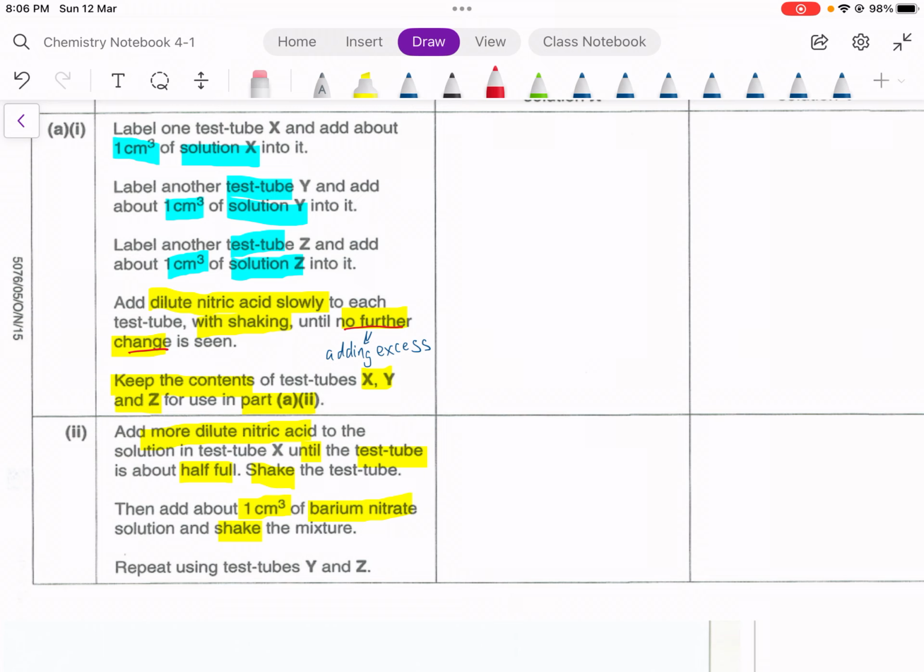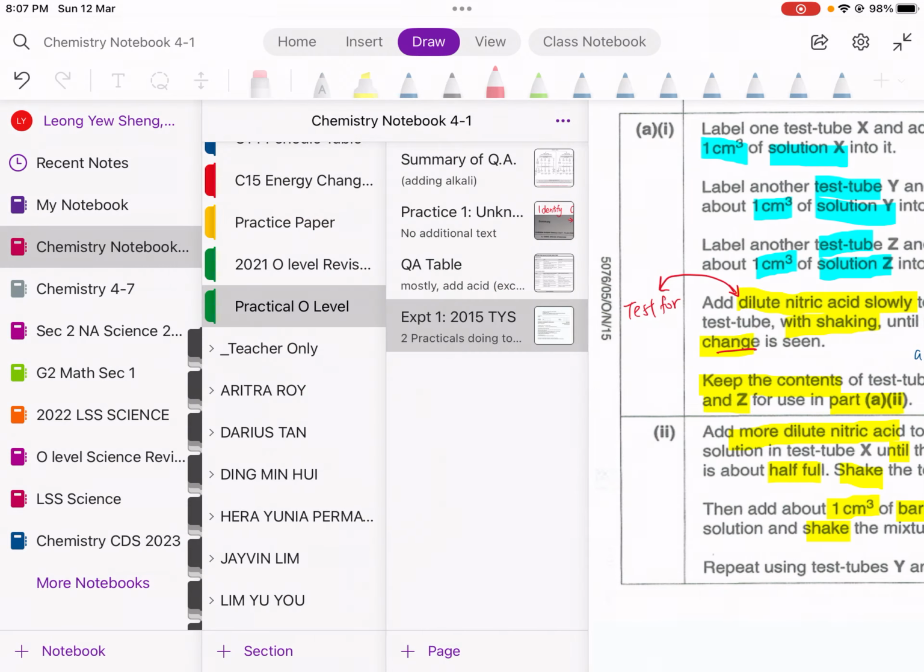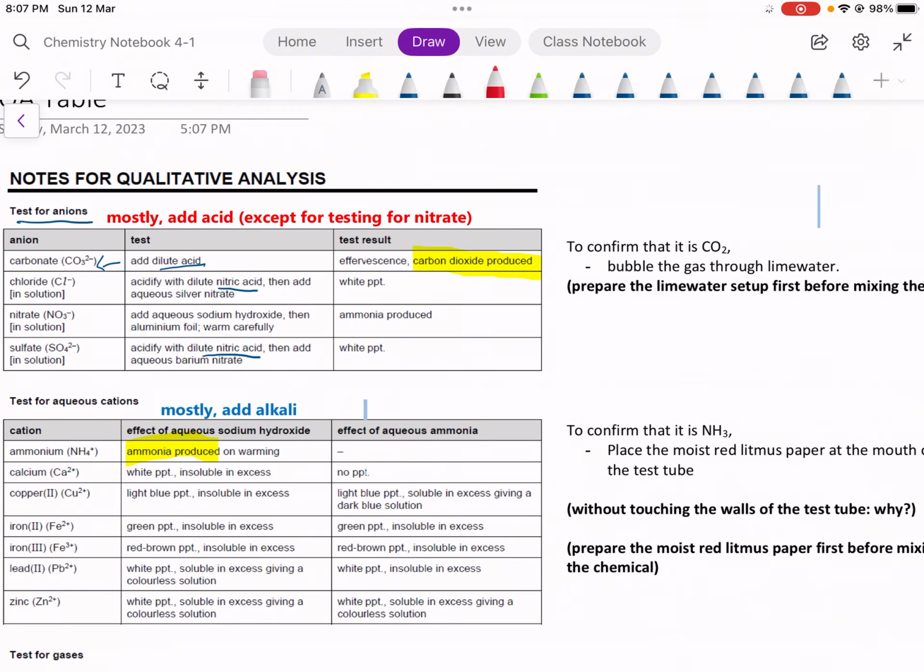Whenever they ask you to add dilute nitric acid, what's happening here is that they are testing for a certain type of ions, and they are anions. How do I know? Normally when they ask you to add acid, it's guaranteed that they are asking you to test for anions. Let's look at the QA table. You can look at your own QA table as well.